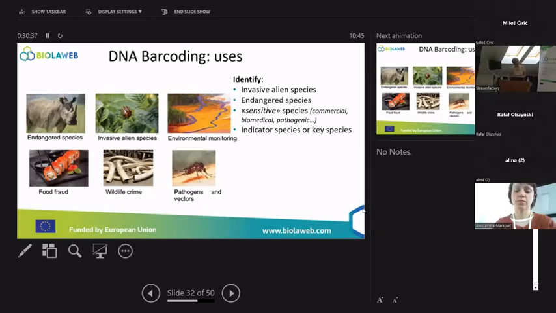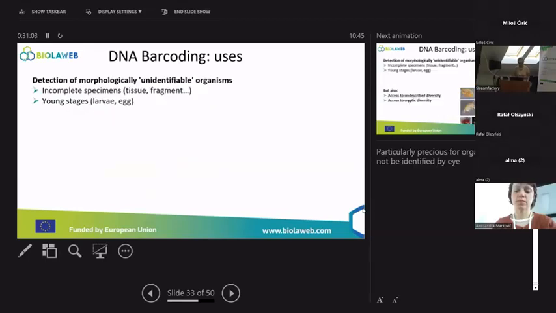And in the environment, you may also be interested in key species and indicator species. So all these can be identified through DNA barcoding for different purposes. That could be quarantine inspection, fraud control, but also environmental assessment, which is more the topic today, and biodiversity conservation.